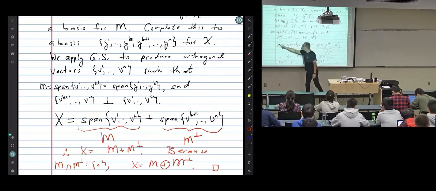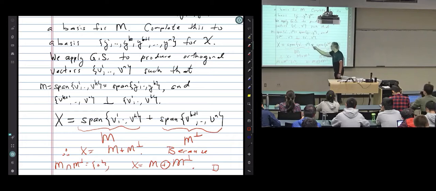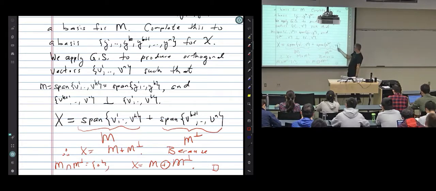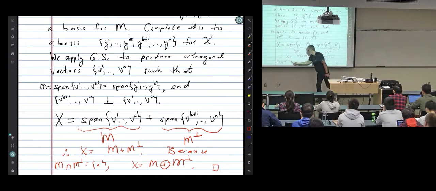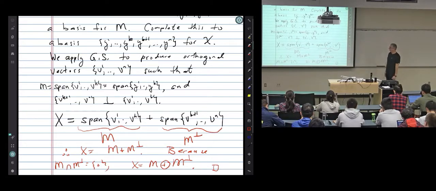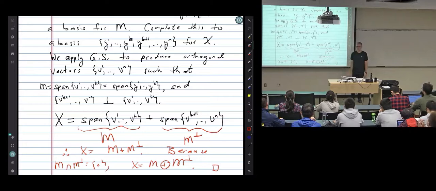Because this is a basis for X, X is the span of any collection of them plus the span of the rest of them. By construction, everything here is orthogonal to everything here. They're also orthogonal in here, but we just don't care. And we'd already observed that this property is always true, no matter if it's finite dimensional or not. So bingo. X can always be decomposed as a subspace and the orthogonal complement of that subspace.